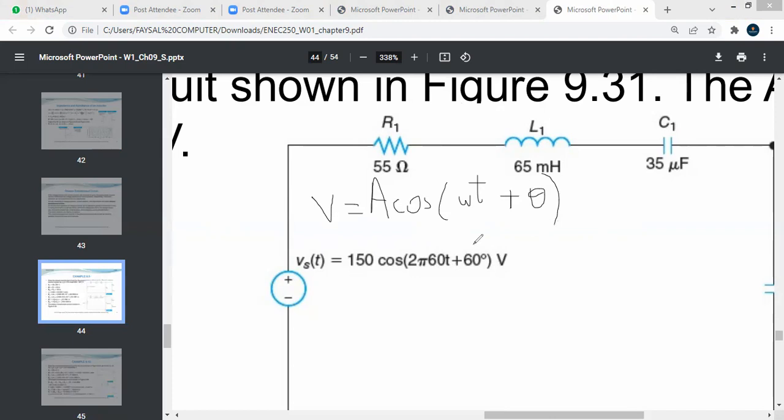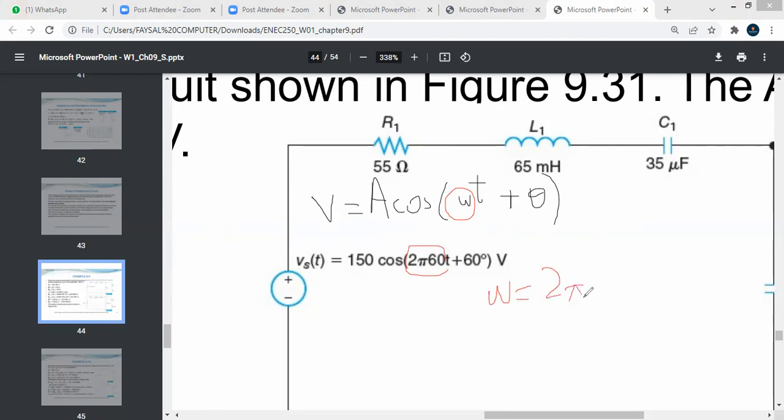So comparing the value of omega, this is the value of omega, and here it is the value of omega. That is omega equals 2 pi 60.